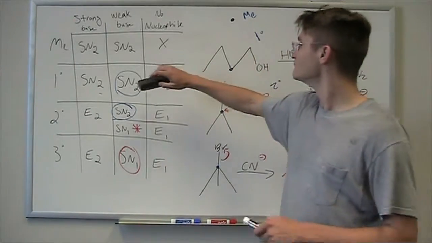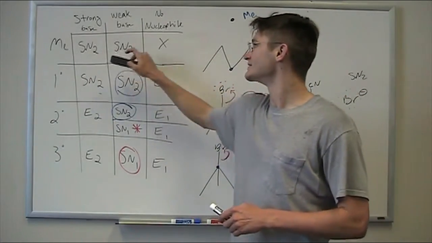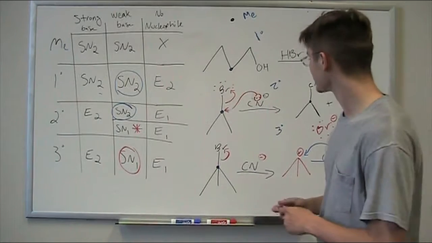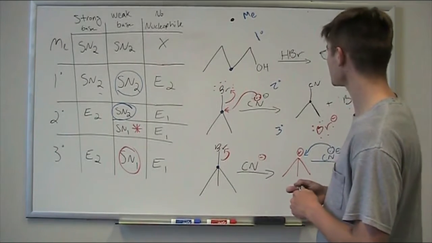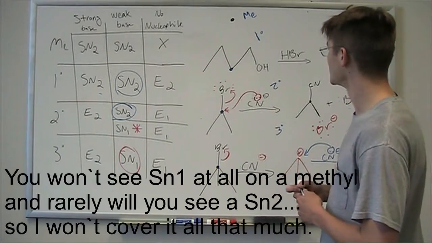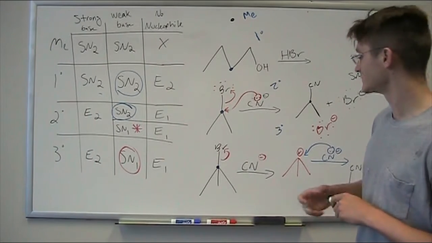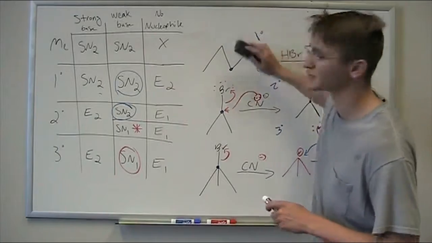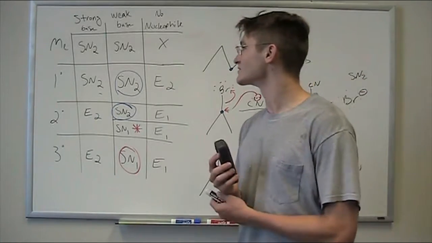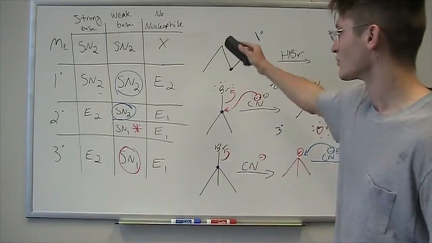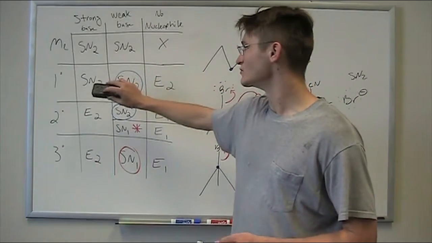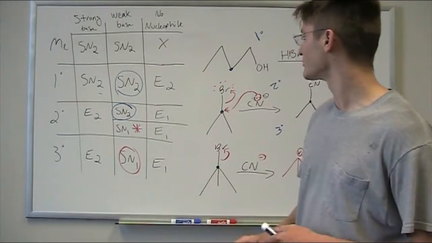Methyl is a bit confusing, but it can only work in SN2s. So for example, let's see. We'd have to kick off a hydrogen, really. But no, that's not much with methyl. You won't be asked too many questions with methyl, but really just pay attention to the 1°, 2°, 3°.